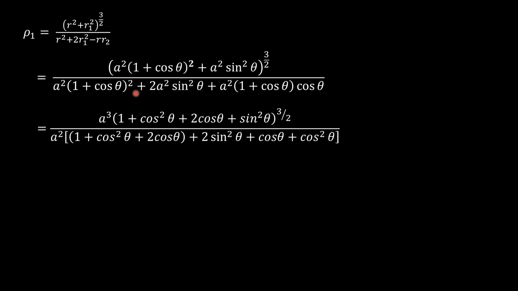And from the denominator as well, just take a square common and do the expansion of 1 plus cos theta whole square, so that the terms inside the bracket reduce to 1 plus cos square theta plus 2 cos theta, plus, a square I have taken outside the bracket, 2 into sin square theta plus cos theta into 1, that is cos theta, plus cos theta into cos theta, that is cos square theta. Just observe the terms over here. You have cos square theta plus cos square theta, that is 2 cos square theta, plus 2 sin square theta.